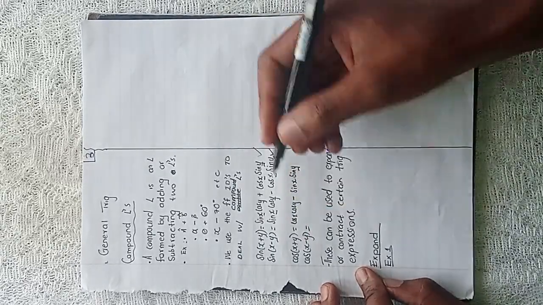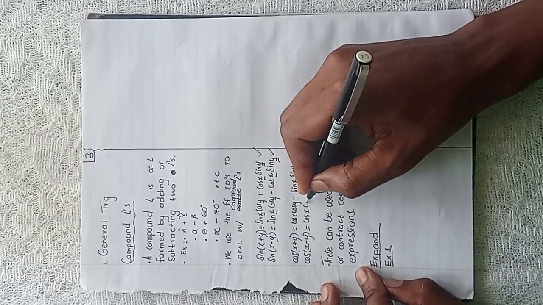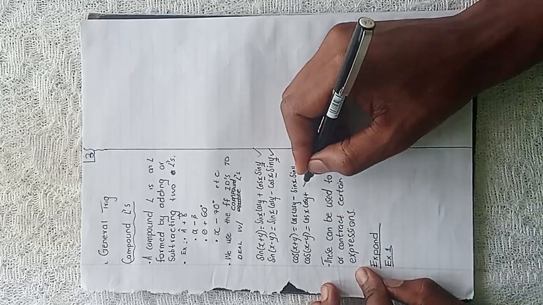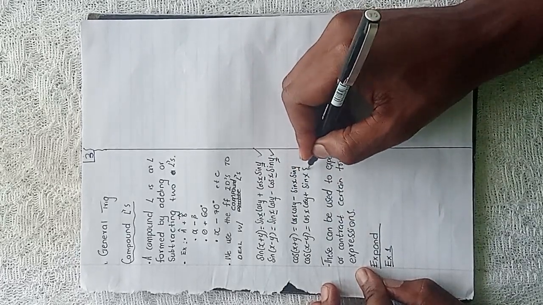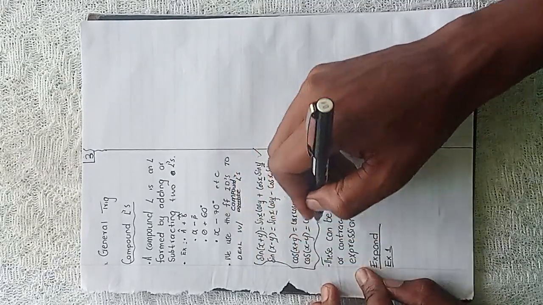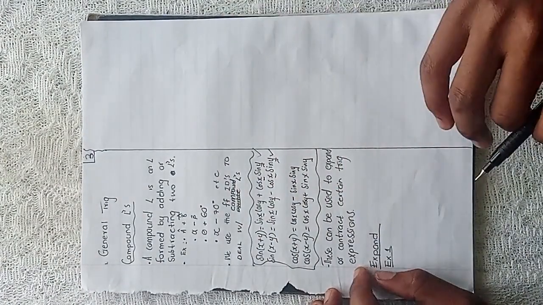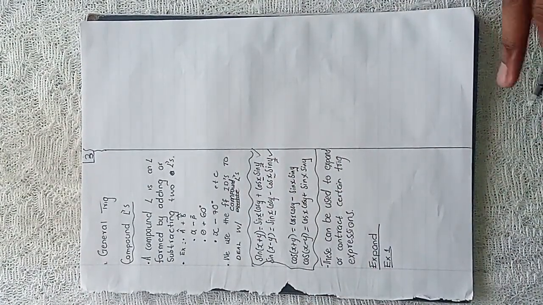And for this one, it will be cos x cos y, negative, here it will be positive sine x sine y. So these are the two new rules, the first rule, which is compound angles, introduced in grade 12.